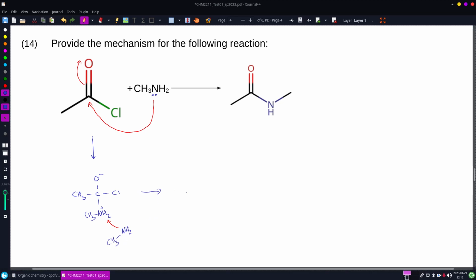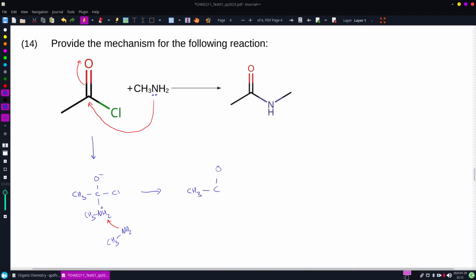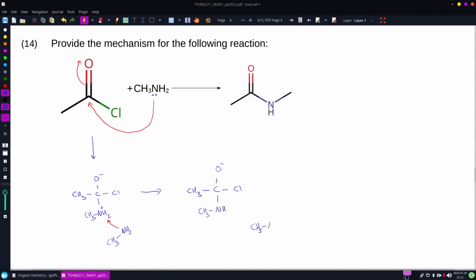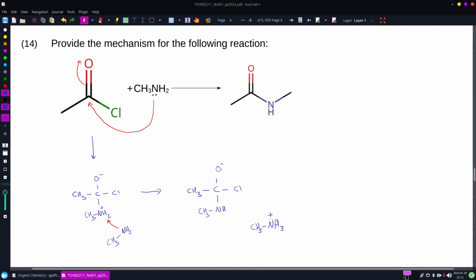Alright, so this is going to turn into still a negatively charged species because that O negative will stay there. Chlorine is still on there, but this is now an NHCH3. And floating around in here somewhere is a protonated amine.